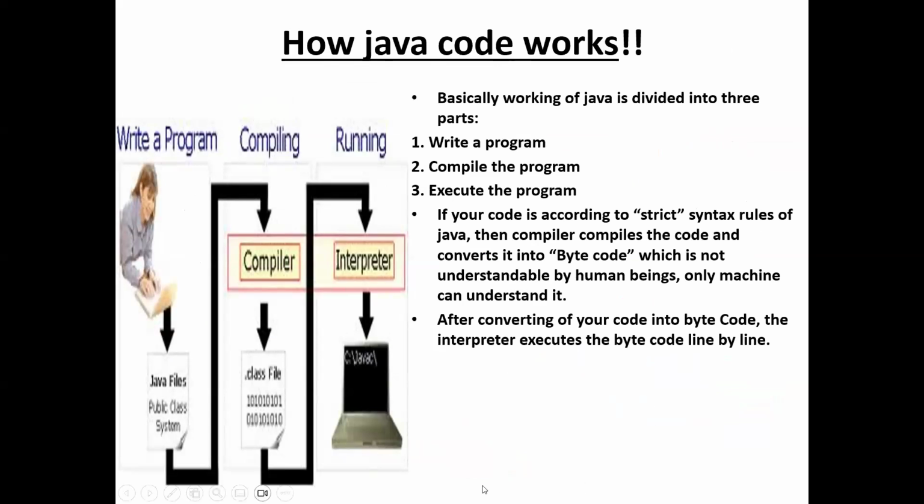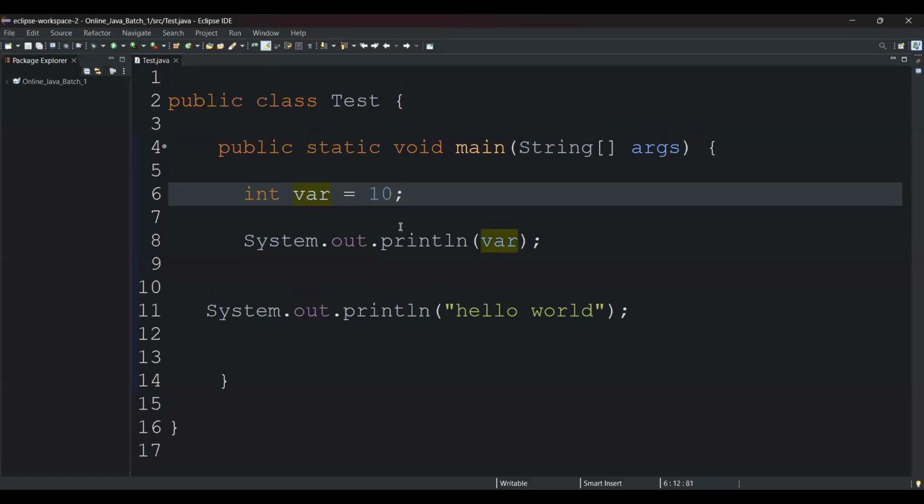Okay, so look at this. I hope you can see the Eclipse back again, right? Yes, I can. Now, look at this. How many lines of code do I have here?